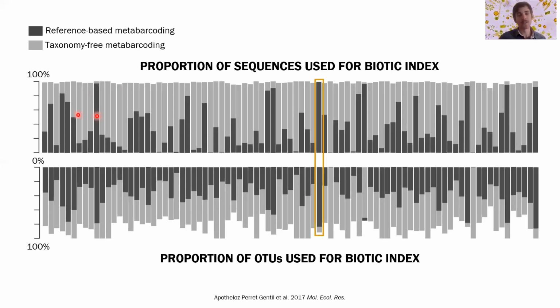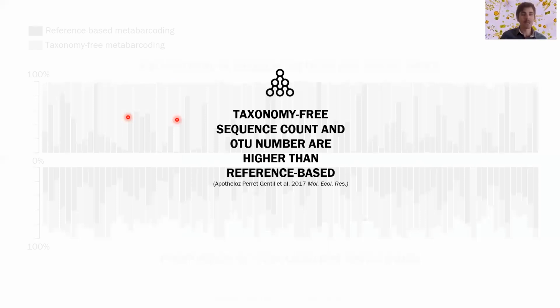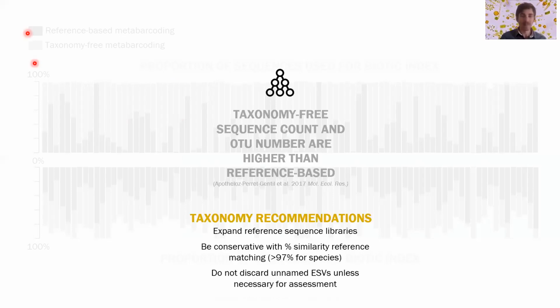There's variability in this one sample, for instance. All of the sequences were able to be attached to reference names, whereas in this one, almost none of the sequences were able to be attached to reference names. So taxonomy-free sequence counts and OTU numbers are higher than reference-based. And you can imagine that that could potentially affect our final assessments.